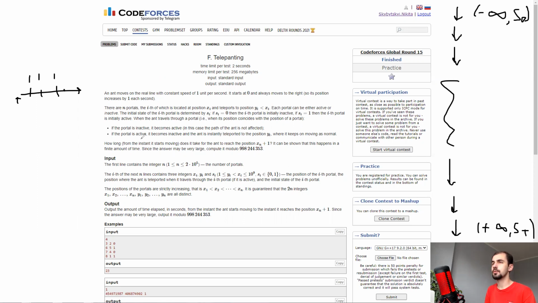It's not clear if it's even possible. So it is preferred to have some variable. We'll call it dp for now, and you will see very soon why. So dp of i is the number of times portal i was used.